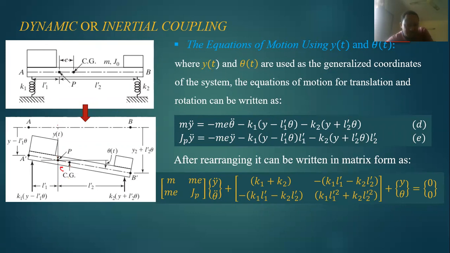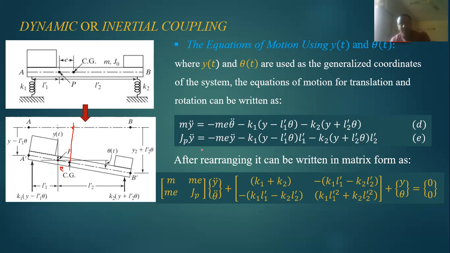This is e, the eccentric distance. Our reference y is taken from here, not the exact CG position. This is the exact CG position, but the analysis is taken from some point P here. That P is away from CG by distance e, the eccentricity.